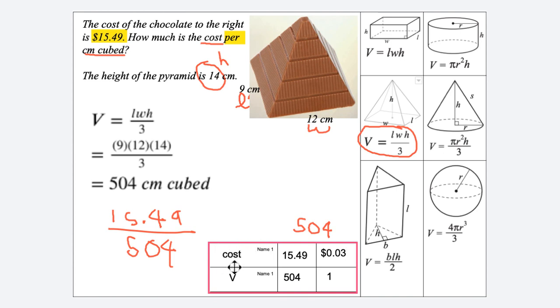Cost comes first, so it's cost over volume. And then I put in any known values, 1549, 504 centimeters cubed, and the 1. That's the trickiest number to know because that 1 comes from right here, per 1 centimeter cubed.